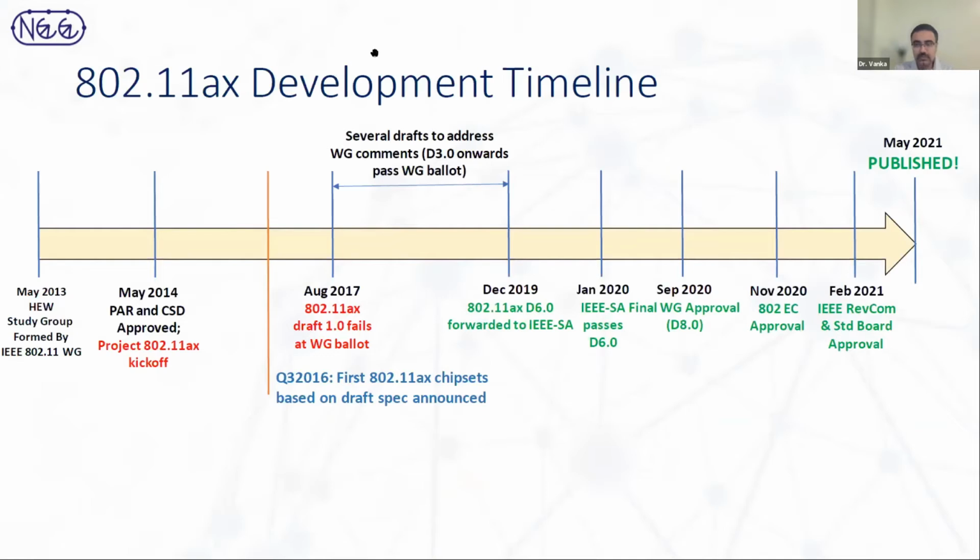Like I said, if you just go through the original flow that we just discussed, there was a study group called the High Efficiency Wireless LAN Study Group. It was formed way back in May 2013, and it was approved by May 2014. And a lot of research activity focused on actually figuring out what should be the contours of the standard. And that is where a lot of academia, industry, and research labs were involved.